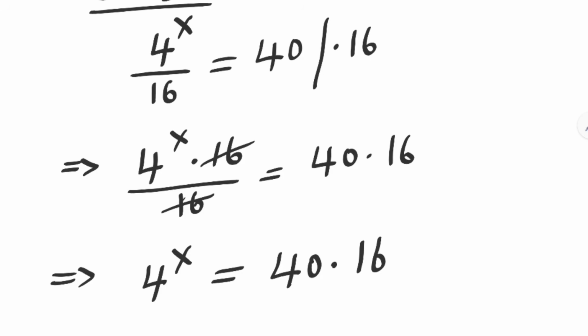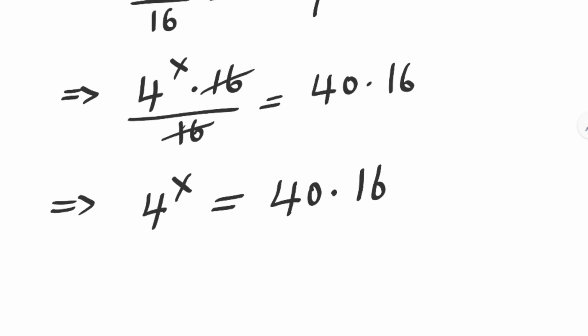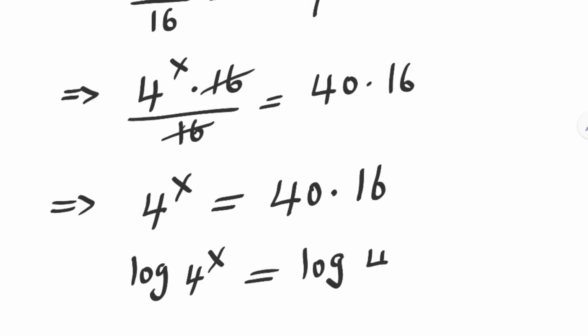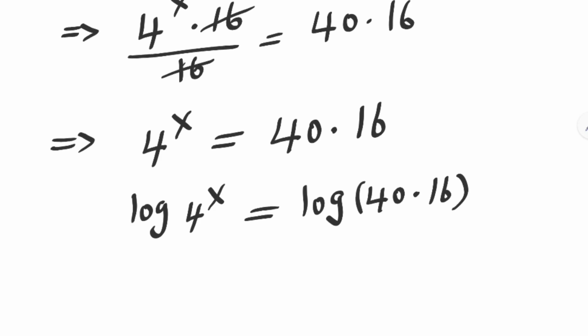Let us take the log on both sides of this equation. Log 4 raised to the power of x is equal to log of 40 multiplied by 16. Take note of this, that if you have log a raised to power m, this is equal to m log a.